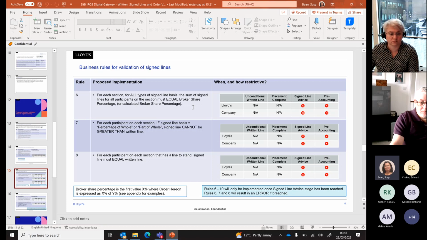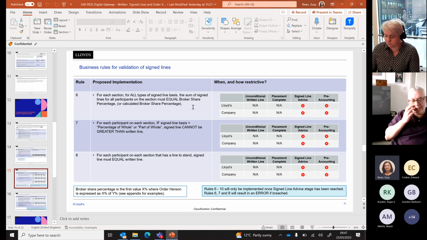So on Rule 7, this is for each participant on each section. At participant level, if the sign line basis is percentage of whole or part of whole, then the sign line cannot be greater than the written line. Again, we are saying if it breaks that rule, it would be an error rather than a warning.